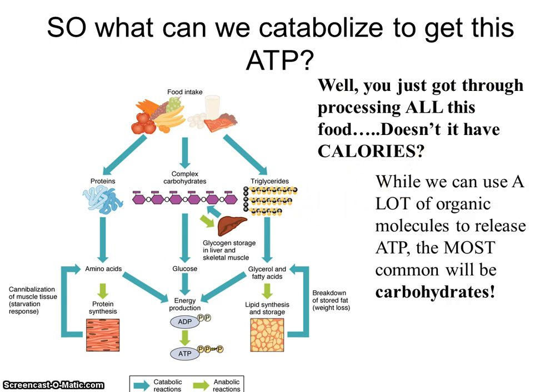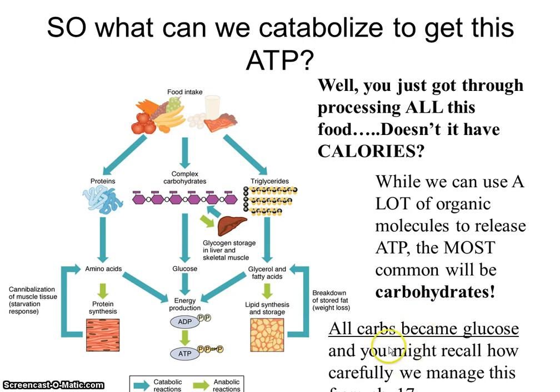All right. While we can use a lot of organic molecules to release ATP, the most common will be the carbohydrates, which is one of the reasons why we recommend a high consumption of, again, complex carbohydrates. All carbs do become glucose. So that's why we only talk about your blood glucose levels, not your blood fructose or blood galactose or blood sucrose, and so on.